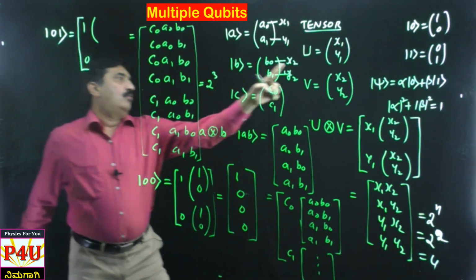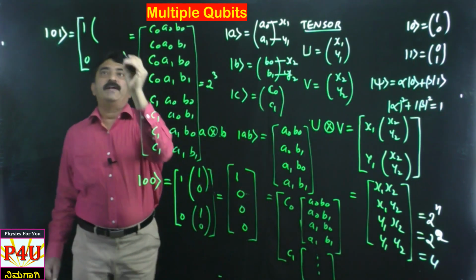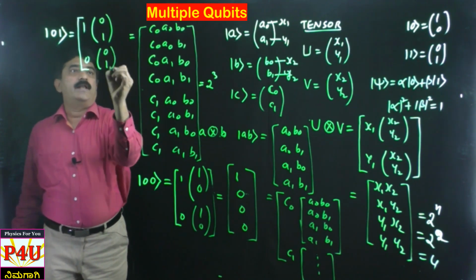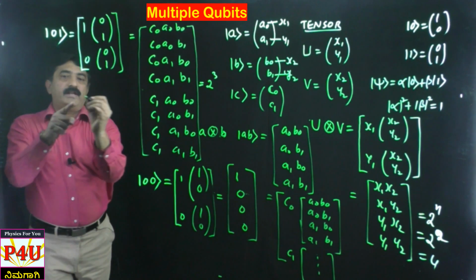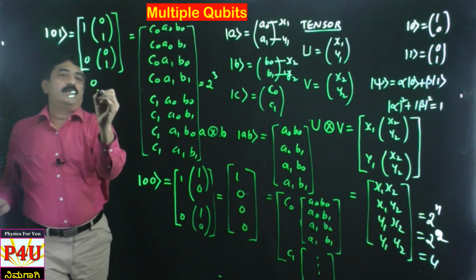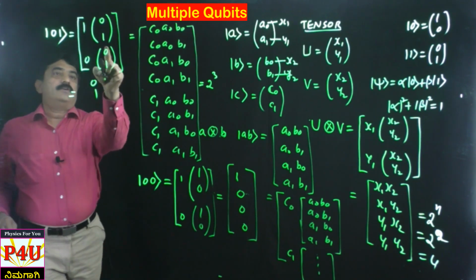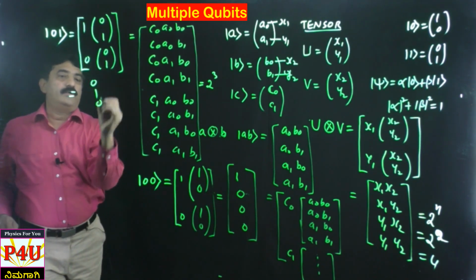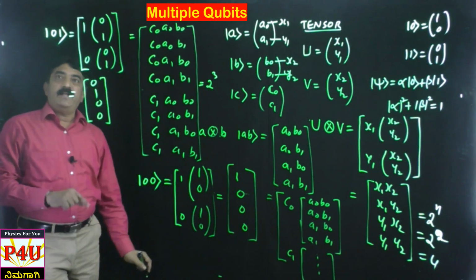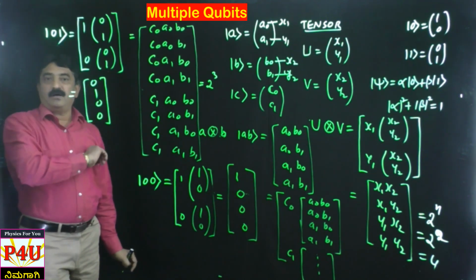Next 1 is here, 0 1, and then again 0 1. Well, I write the result over here. 1 into 0 0, 1 into 1 1, 0 into 0 0, 0 into 0 0. So this is the element I am going to generate when 0 operates on 1.